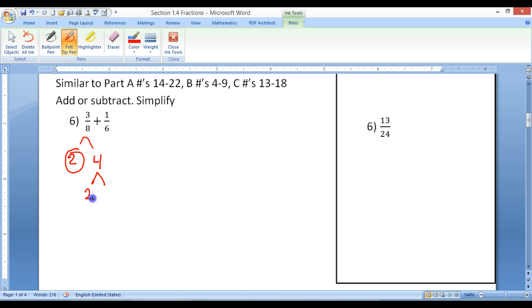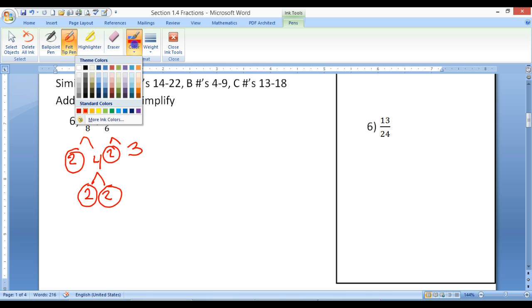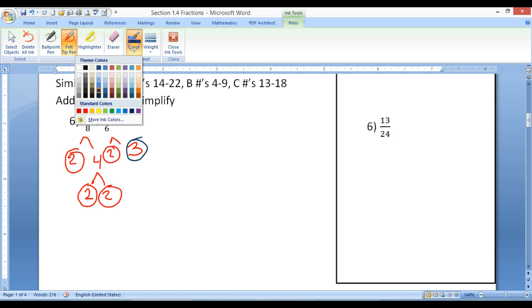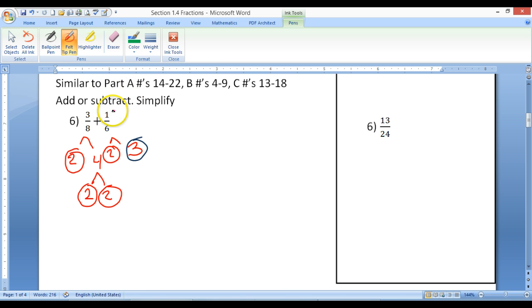So I'm still breaking this down into prime factors, and then I'm going to come up here and break down the 6. 6 is 2 times 3. Now stop. 3 is a different kind of cookie, so let's make it blue. I'm going to circle it there. You know, the whole thing's in red, so maybe we should circle the 2's in green.